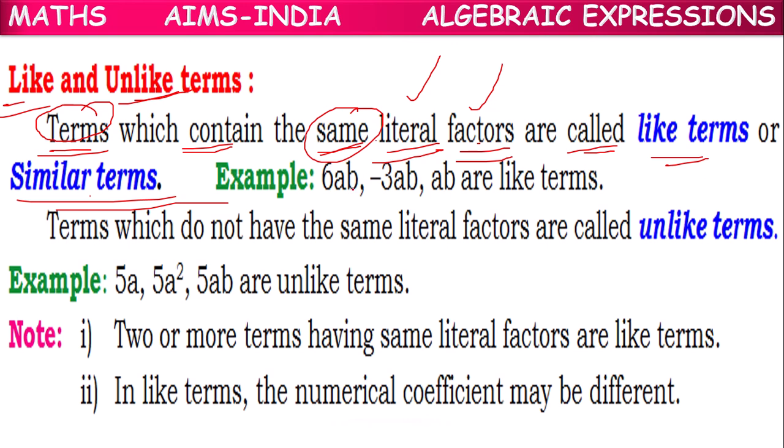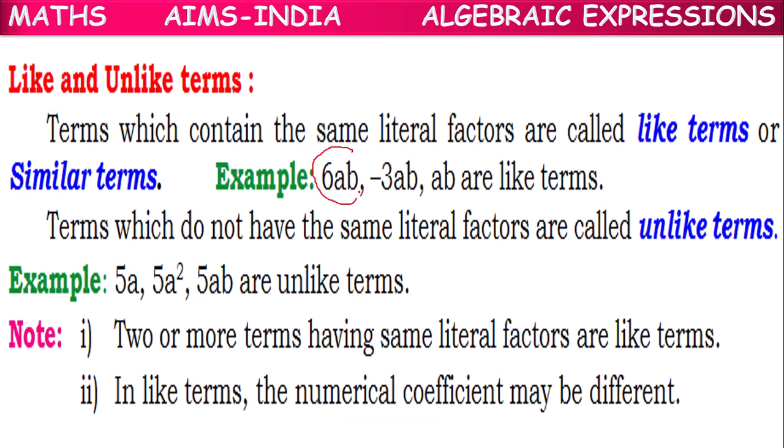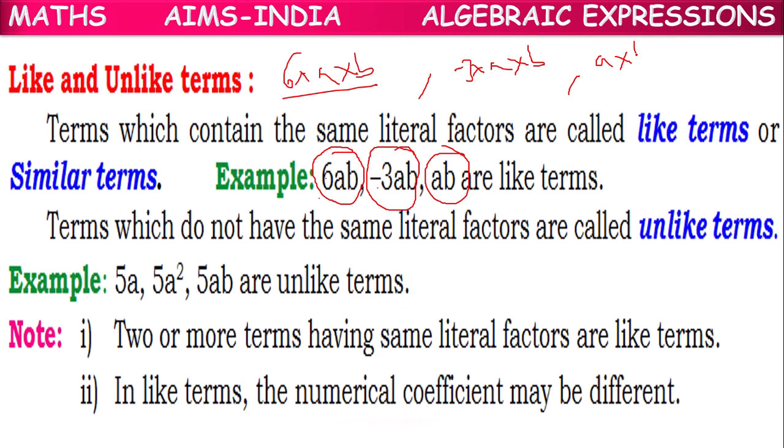For example, we have some terms here. One is 6ab, another one is minus 3ab, another one is ab. If written as factors, 6ab can be written as 6 into a into b, minus 3ab as minus 3 into a into b, ab as a into b.